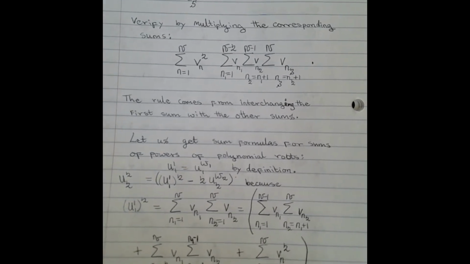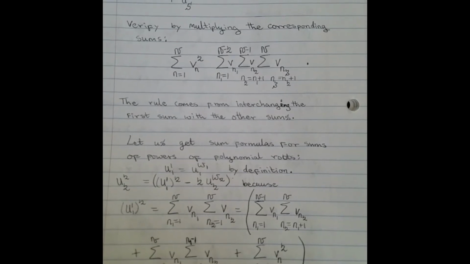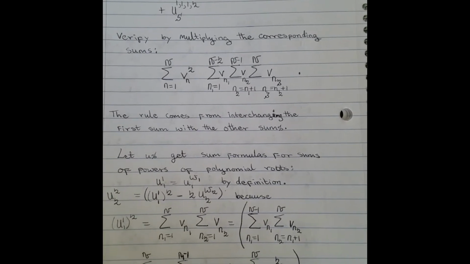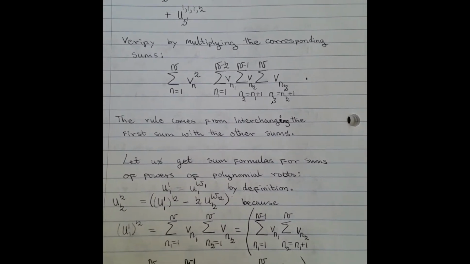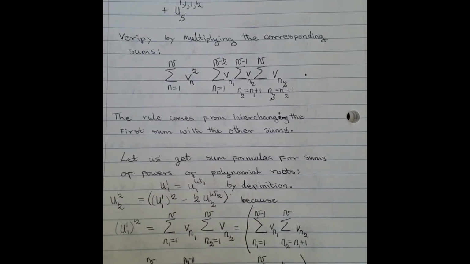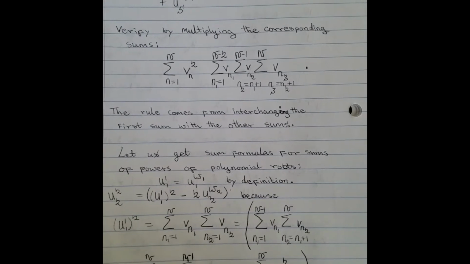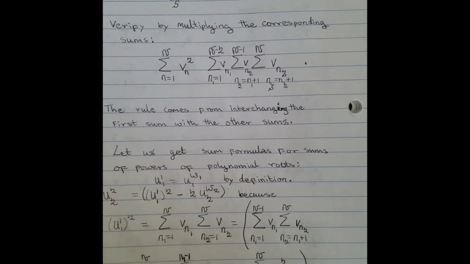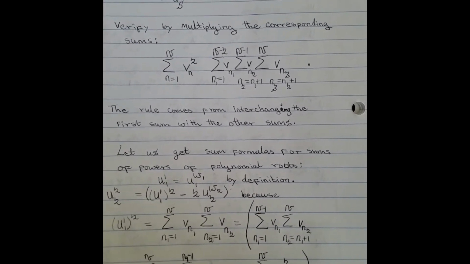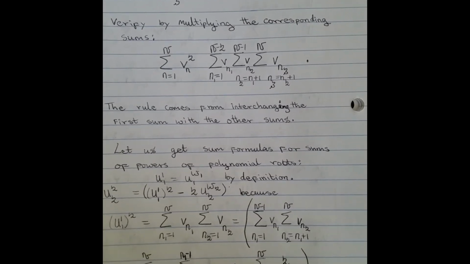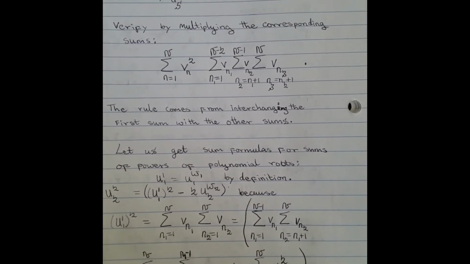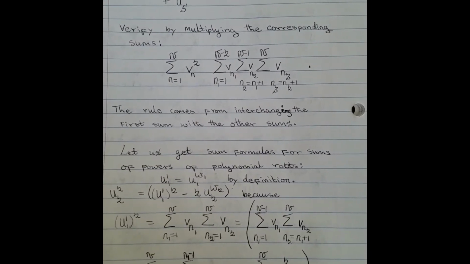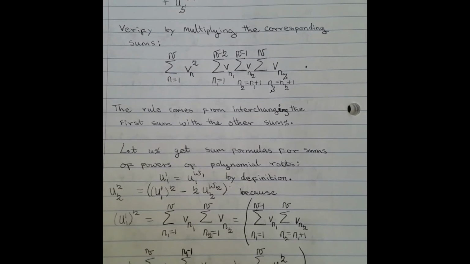You can see the multiplication rule comes from interchanging sums and splitting the indices. As you can see, when the sum of the squares of the roots is multiplied with the triple sum, when you pass Vn squared into the inner sum, you might have to split the sum into some parts.